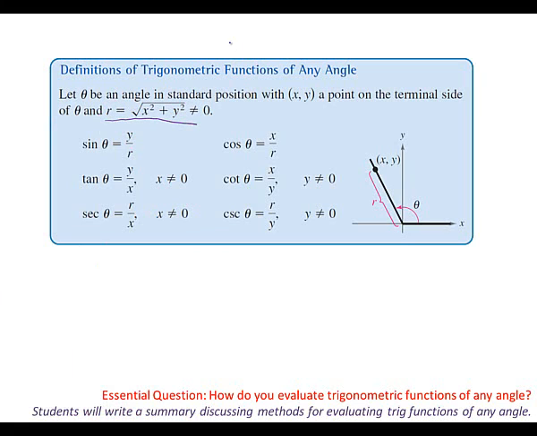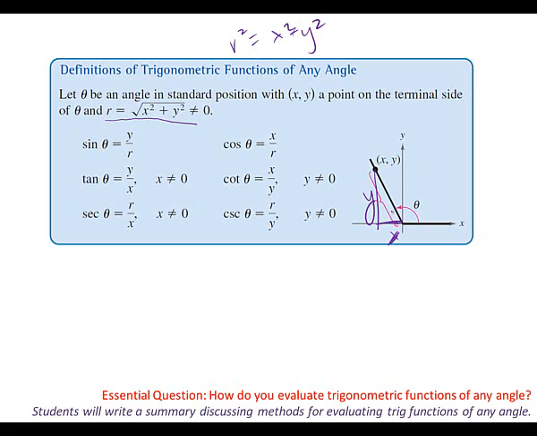Because I would have r squared equals x squared plus y squared, okay? So it's basically saying no matter where I put that point, I can still apply sine, cosine, tangent, secant, cotangent, okay? The x value is typically in the horizontal direction, and the y value is typically in the vertical direction, okay?